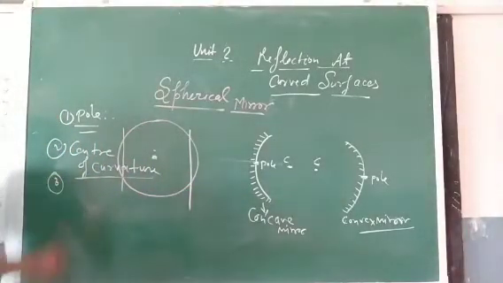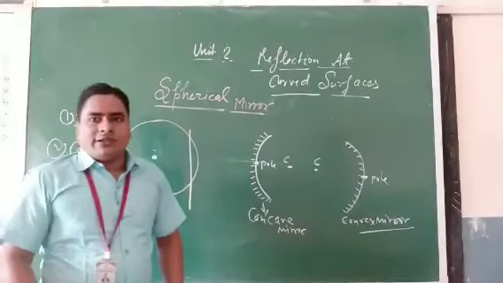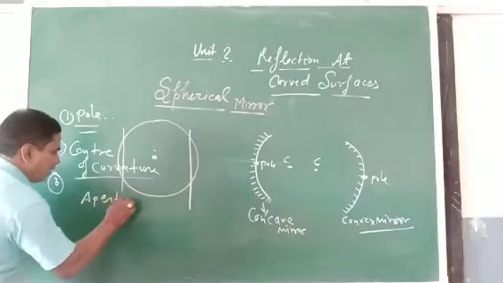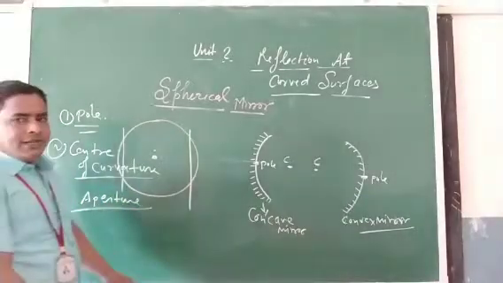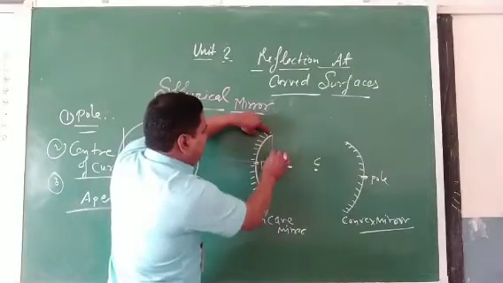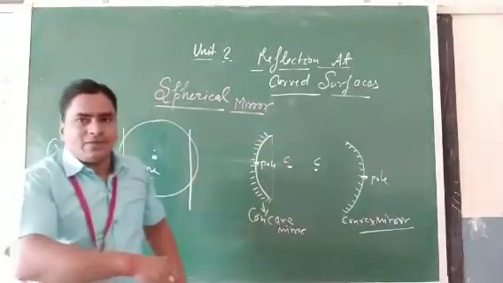Third point, aperture. What is this? A-P-E-R-T-U-R-E, aperture. This is the complete region or area where reflection takes place.